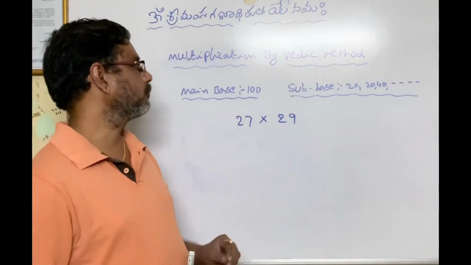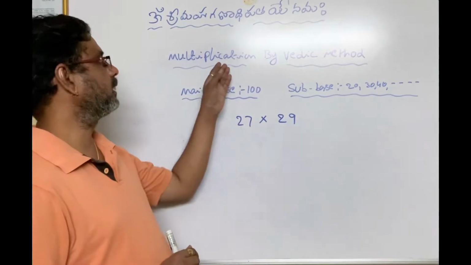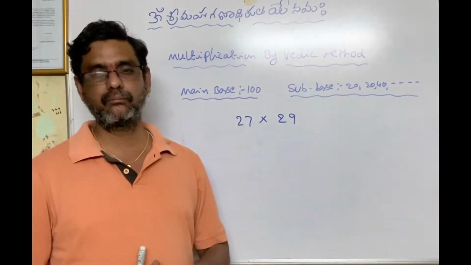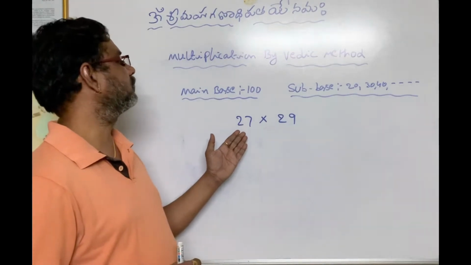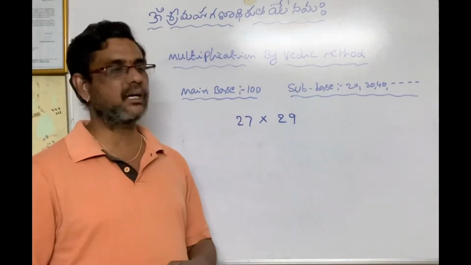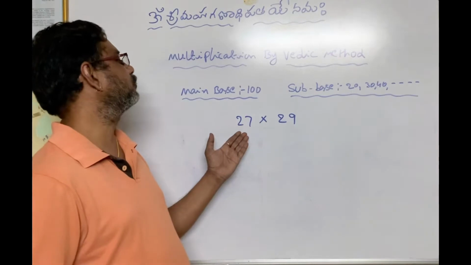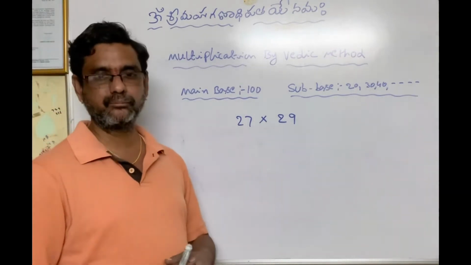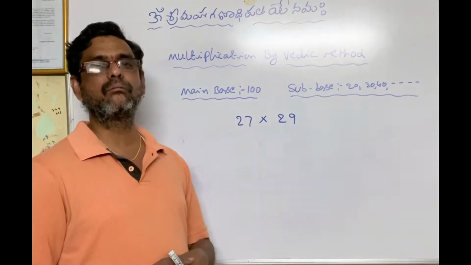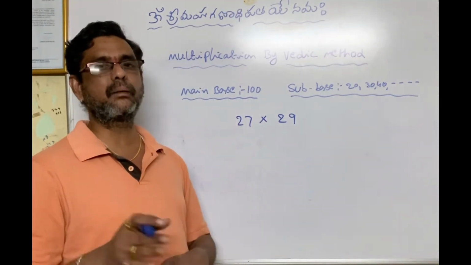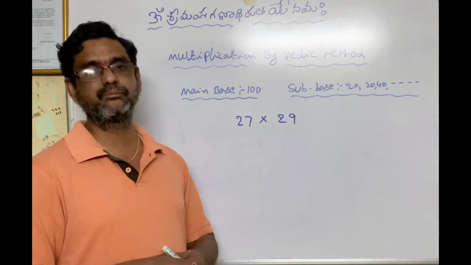Today I am going to explain multiplication by the Vedic method. Here I am going to multiply the numbers 27 and 29, which are near to the base 20. Previously I did a video on multiplication when the base is 50.